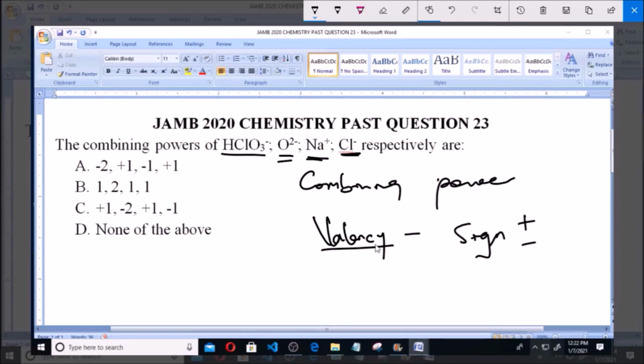Valency simply represents the combining power of such substance. Therefore, the valency of trioxochlorate will be 1. That of oxygen will be 2 because it has no charge. That of sodium will be 1, and that of chloride ion will be 1. So the answer to this question is option B.